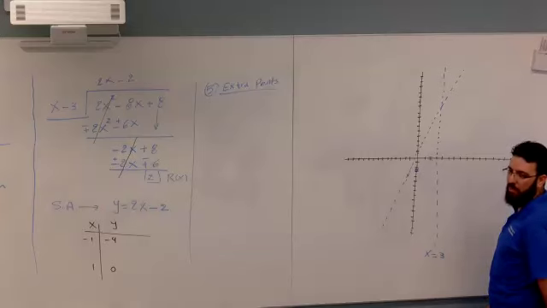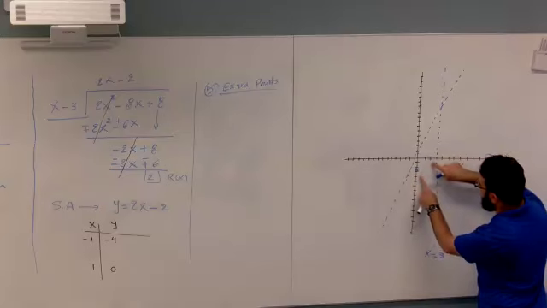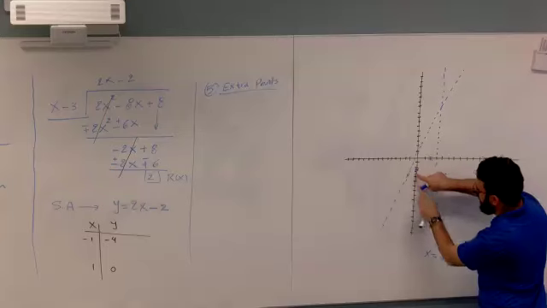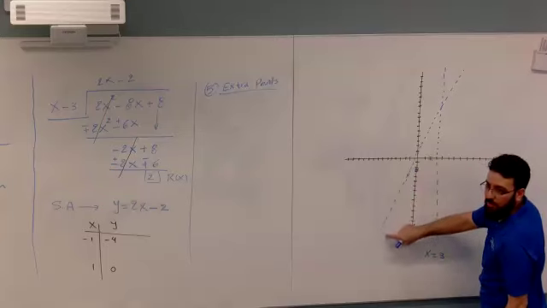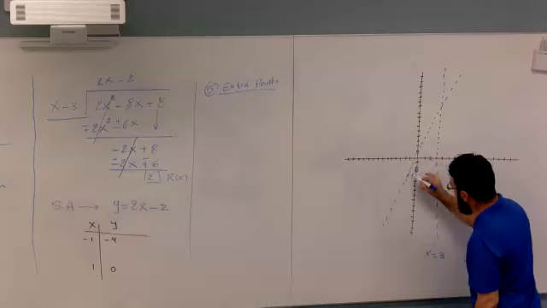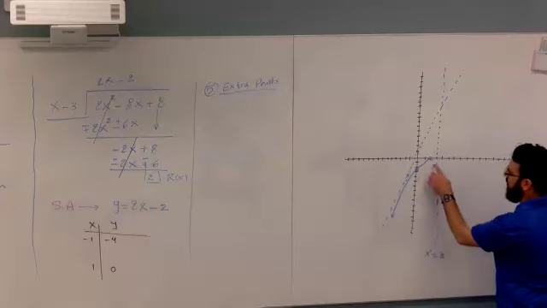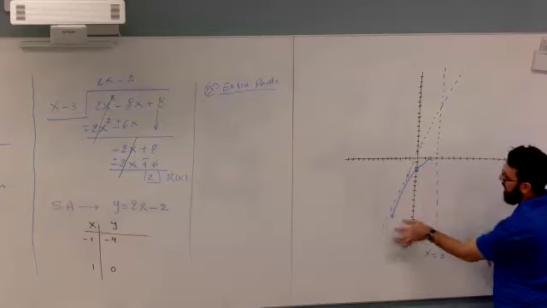I have 2 points, right? So 100%, the graph is going to go down like this. Why? Because here's the y-intercept, the graph is going to go down.